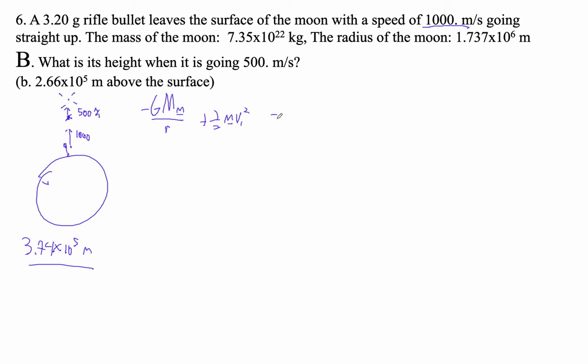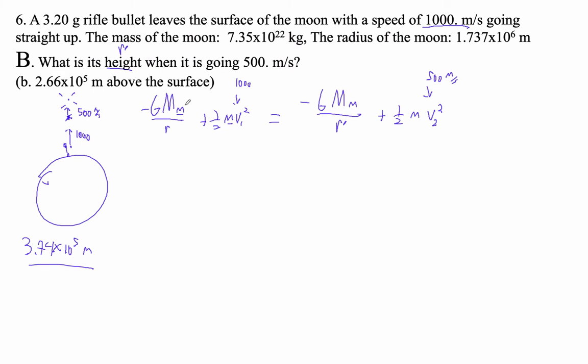That's going to equal minus G big M, the moon, mass of the bullet, over, we'll call this R prime, because we want to know how high it is, plus 1/2 little m velocity 2 squared. So this guy will be 1,000 to begin with, and this guy will be 500 meters per second.